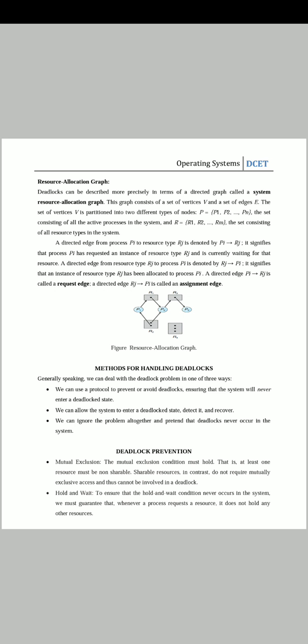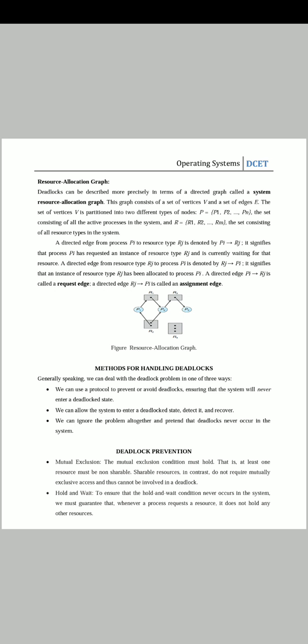A directed edge from process Pi to resource type Rj is denoted by Pi to Rj. It means that the ith process is requesting the jth resource. In this resource allocation graph, as I said, we have two edges, request edge and assignment edge.